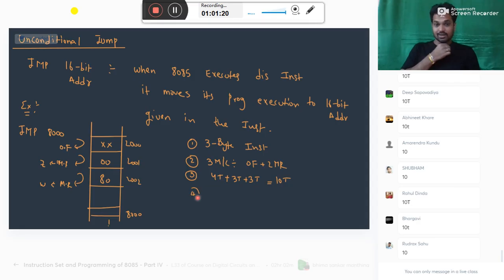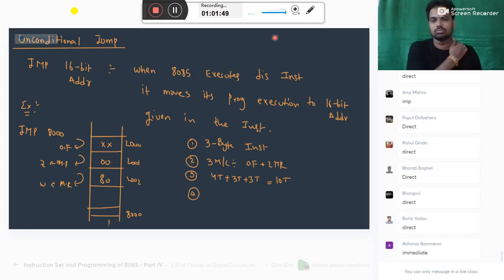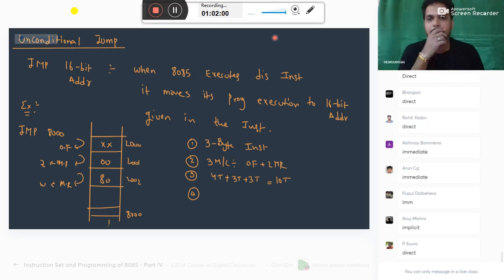Then, what is the addressing mode? Everybody comment. What is the addressing mode of this particular instruction?